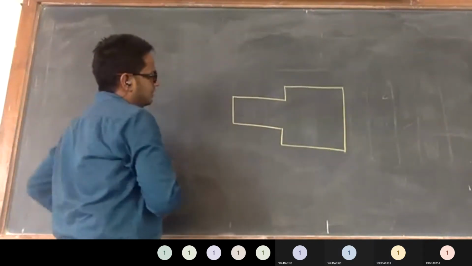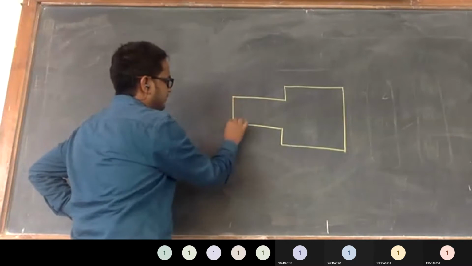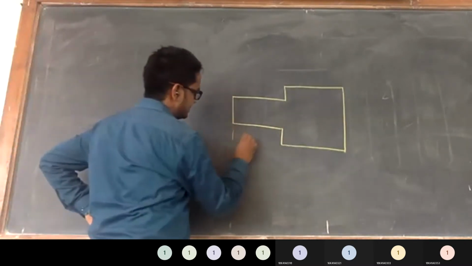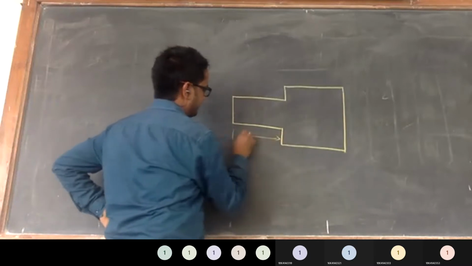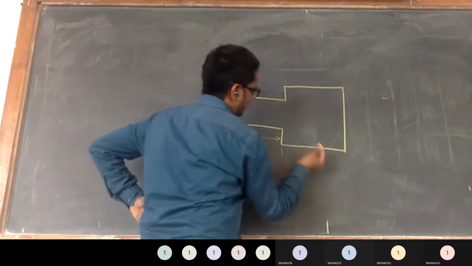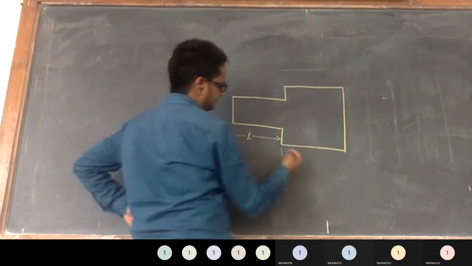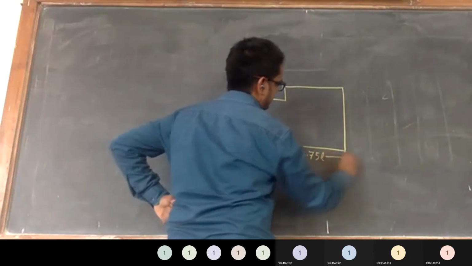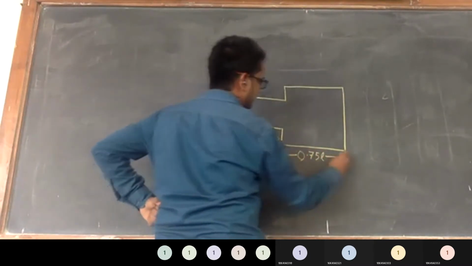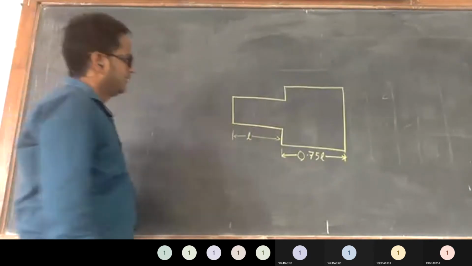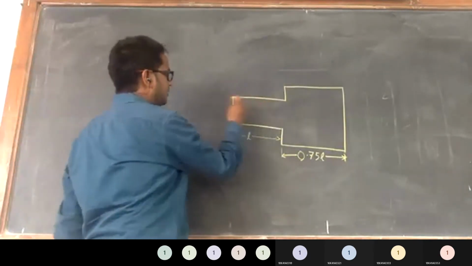So in the examination, they can give a small geometry. Length will be given as L for this part, and this part is a different length, 0.75 L. This is your front view.